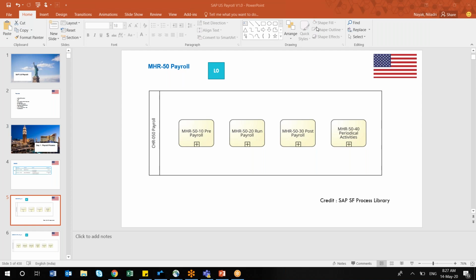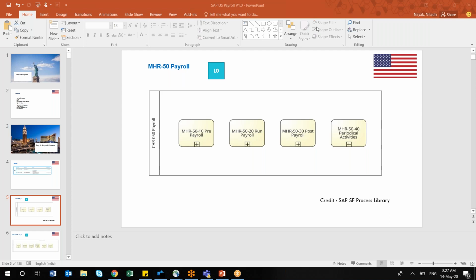So in pre-payroll, we covered the one-click monitoring, that is your simulation payroll. Then the next one is run payroll. In run payroll, mostly we have seen how to run a live production payroll run. The actual run will be done by your payroll process manager. If any issues come, it goes to your payroll administrator as a subject matter expert. The third one is the post payroll activities.